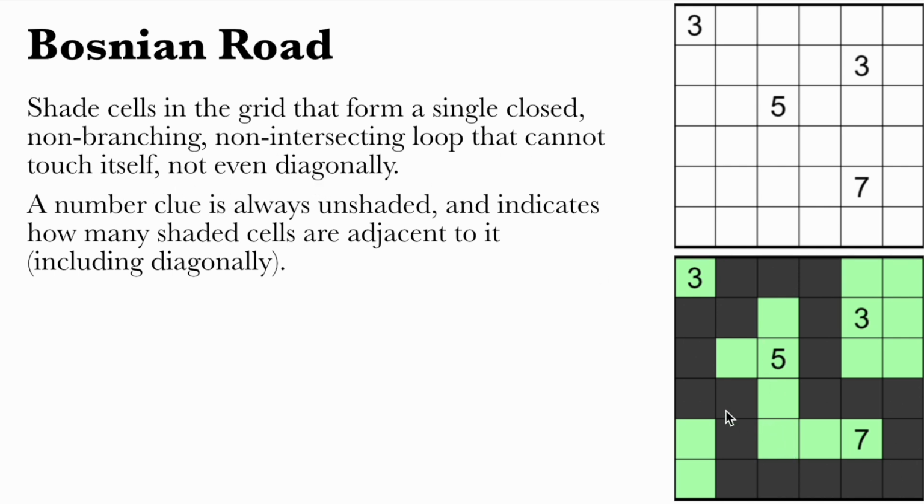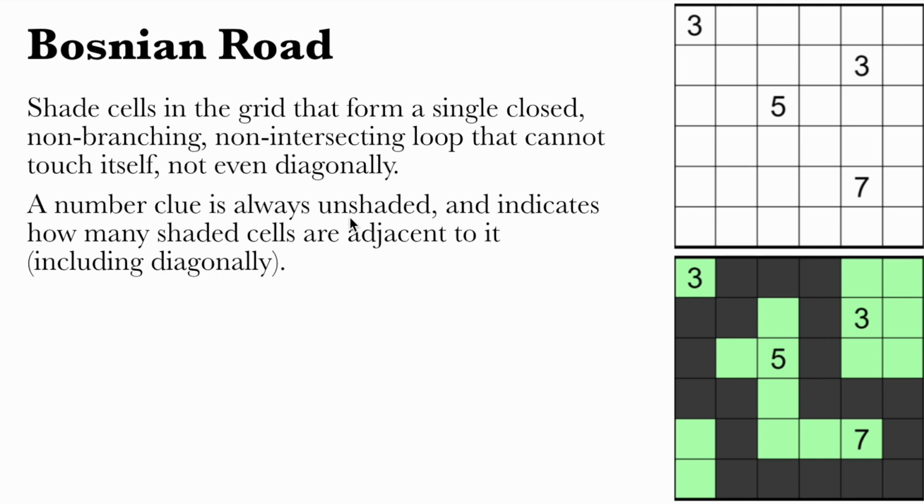So that means we have this pair of cells here traveling around this way. It could not go right and down and consider that to be a different part of the loop than this. And it couldn't even come in here and touch at that corner. That would break the not even diagonally rule. So the loop has to keep a distance from itself. It's more intuitive than it sounds.